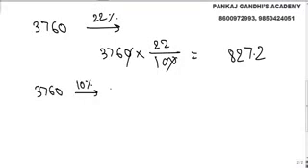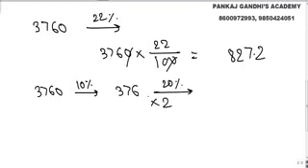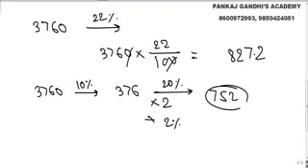The other way is, 3760's 10% is 376. So 20% will be into 2. That is what we get here, 752. Now, this is 20%, plus we need 2%.